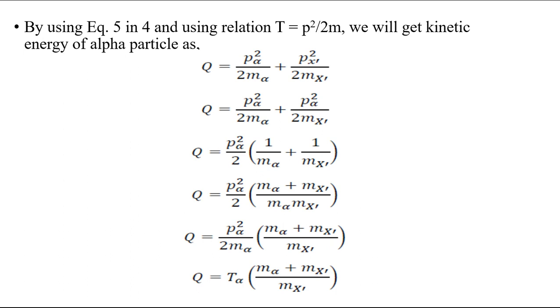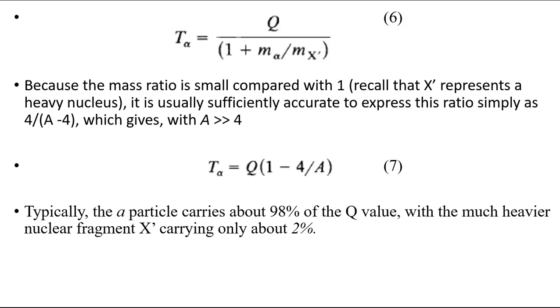Using equations 5 and 4 and the relation between kinetic energy and momentum, T is equal to P squared over 2m, and some calculation as shown in the figure, we end up with equation number 6 by simplification.